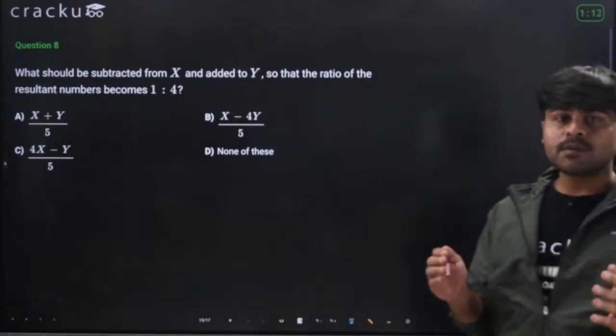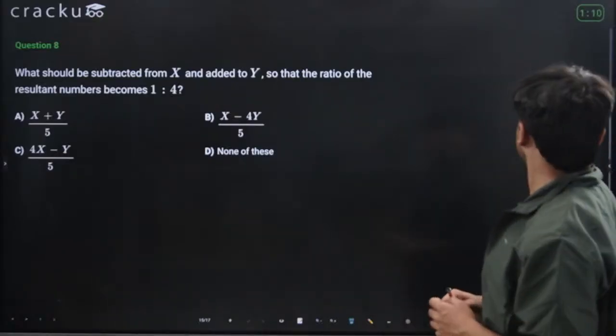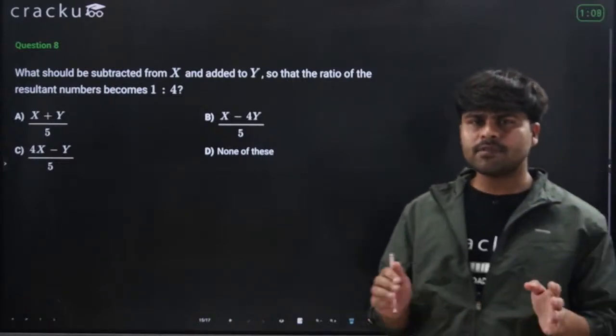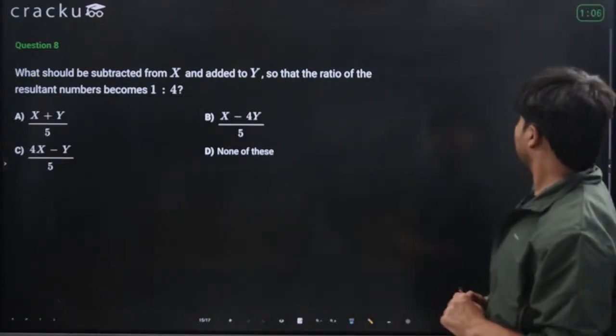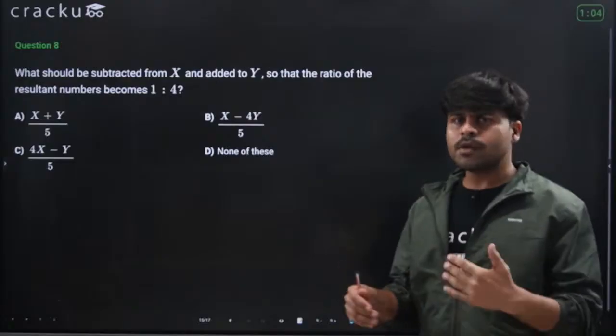Okay, I think I should start solving it now. 1 minute 30 seconds is enough time. If you have the basic understanding of this question, you will be able to solve it.